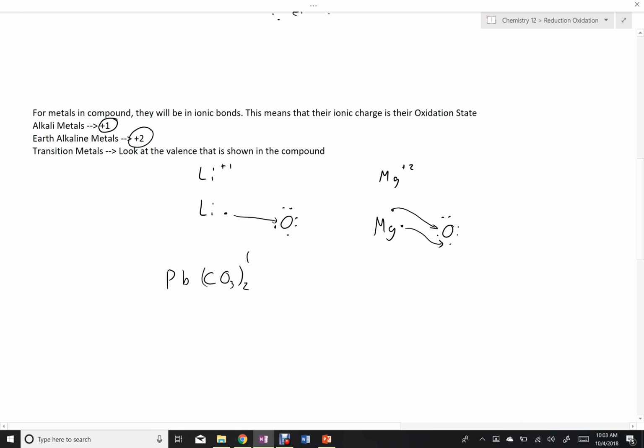But if we recall, the charge on carbonate is 2 minus, so the total negative ion in this situation is 4 minus. So this lead is at a state of 4 plus, and so the oxidation state for lead in this situation would be plus 4. So if we have transition metals, we have to look at the compound carefully, determine what the charge of that metal is in that compound, and that becomes the oxidation state.